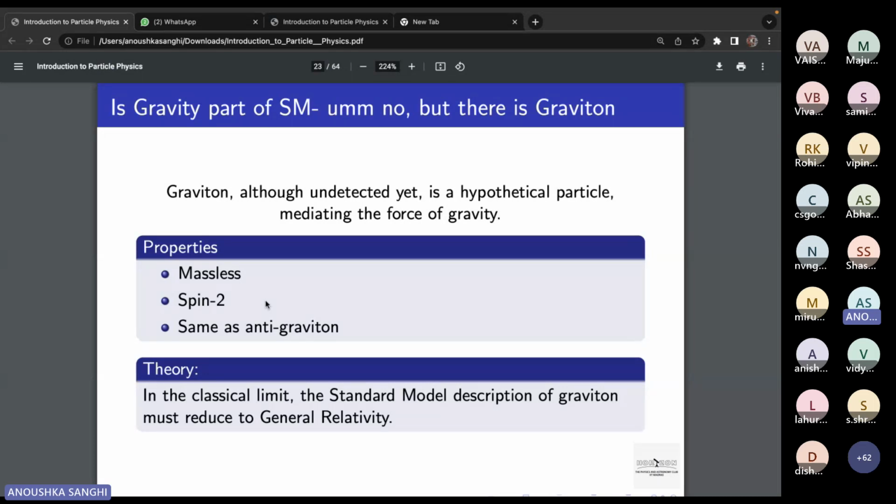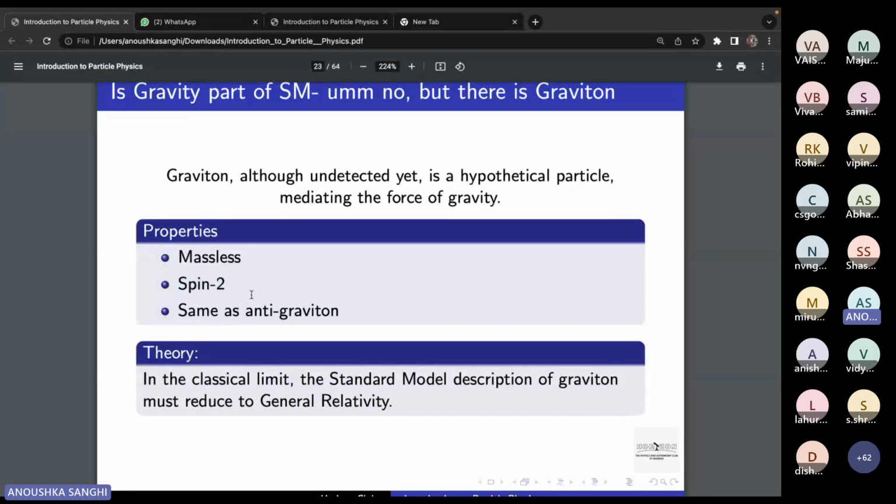You can ask why spin is 2, why it's not 4 by 5 or something like that. But you have to remain consistent with the laws, because quantum field theory and these laws are what we talk about in recent research. So these things we have in our hands. That's why, to remain consistent, we consider it as spin 2.